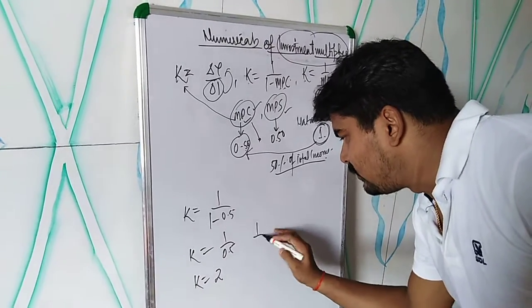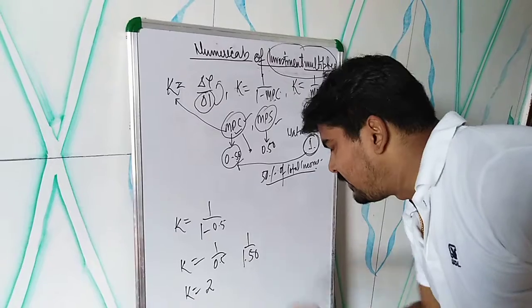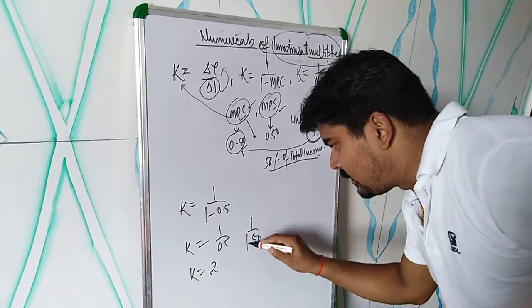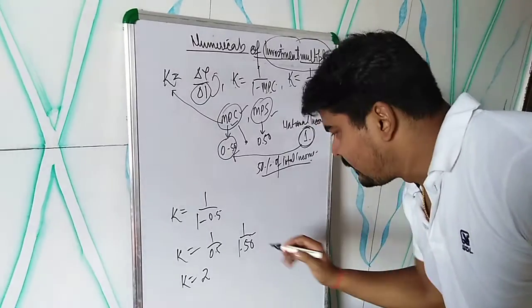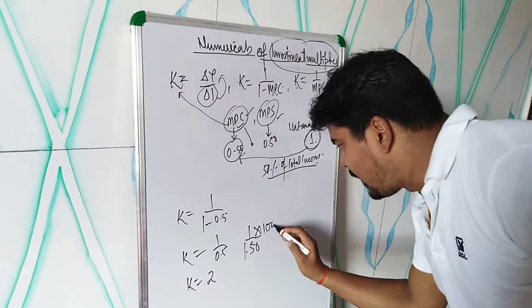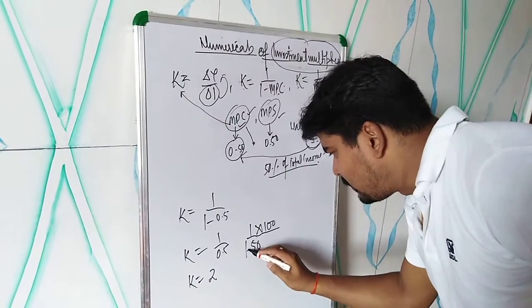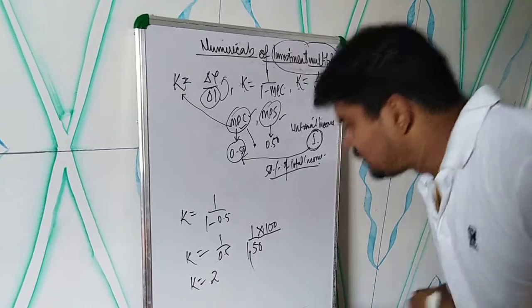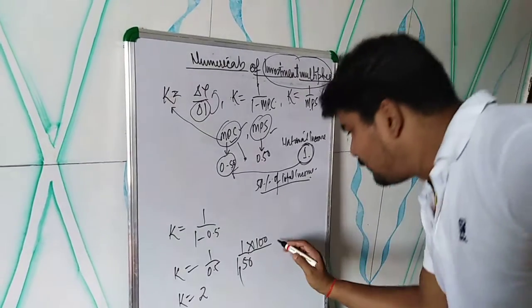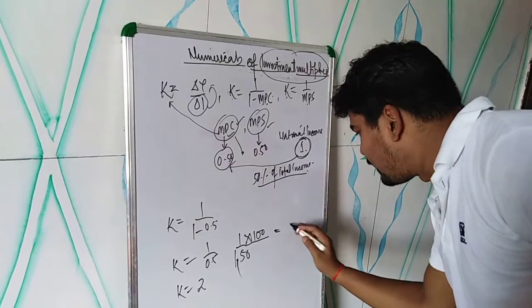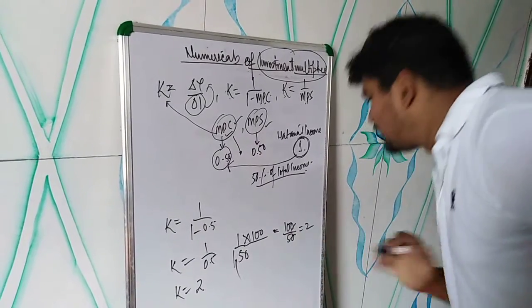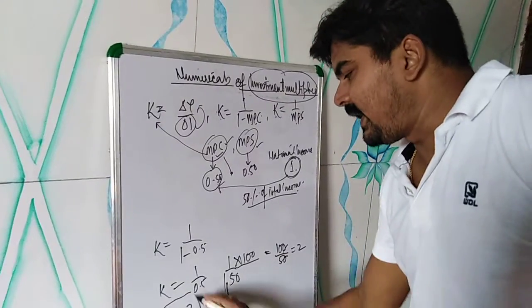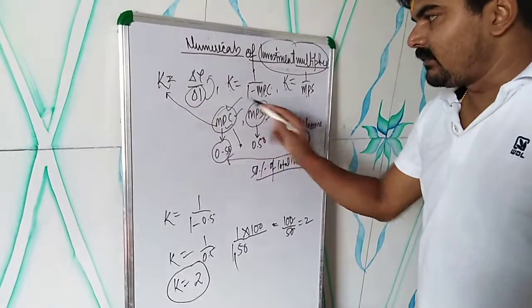In other terms, if it is written as 1 upon 0.50, to simplify this fraction we can multiply by 100 to make it a whole number, so 100 upon 50, which again is 2. So the value of the multiplier is 2 when the MPC is given.